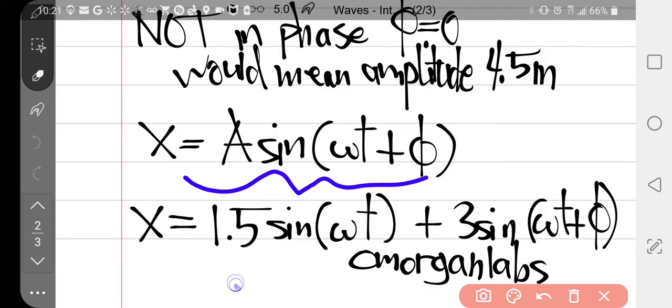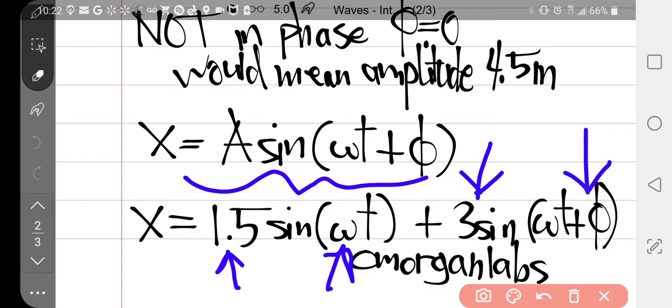We plug in 1.5 for A, and then we arbitrarily make one have a phase angle of 0, and the other will be referenced from that. So for wave 1, our phase angle is 0, and for wave 2, we'll put a phase angle in there.